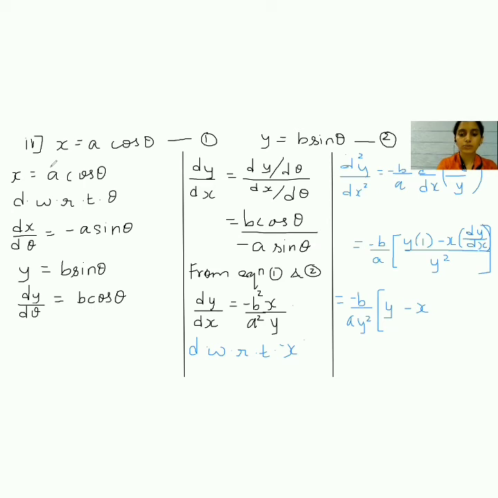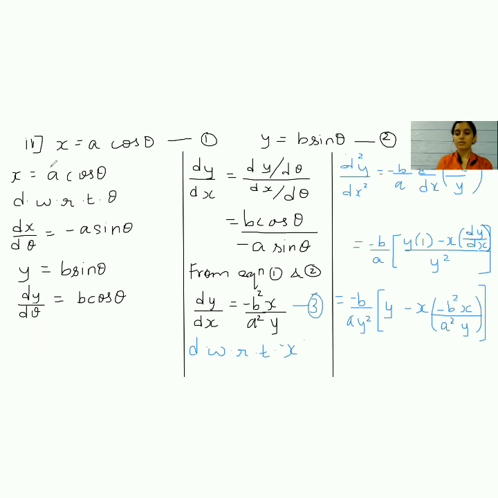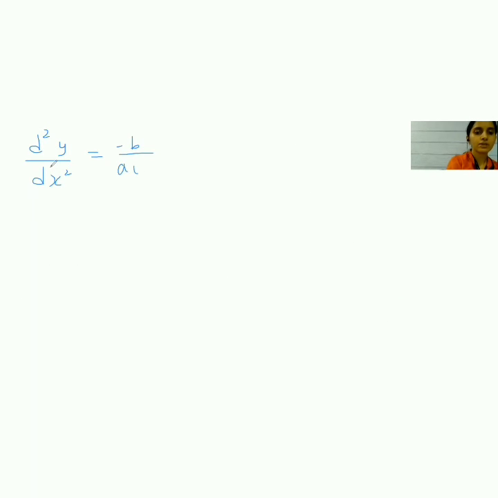We'll substitute it from here, calling this equation 3. So what is dy by dx? Minus b square x upon a square y. So what are we getting as the final answer? Let's check. d2y by dx square is equal to minus b upon a y square, already there.